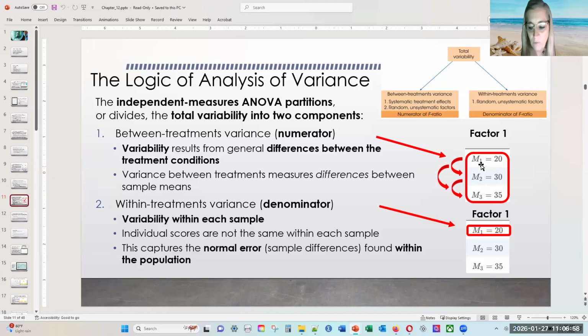We're not looking at how much variance exists within each group when it comes to looking at the numerator. That's when we look at the within groups variance for the denominator, and that's the within treatments variance.